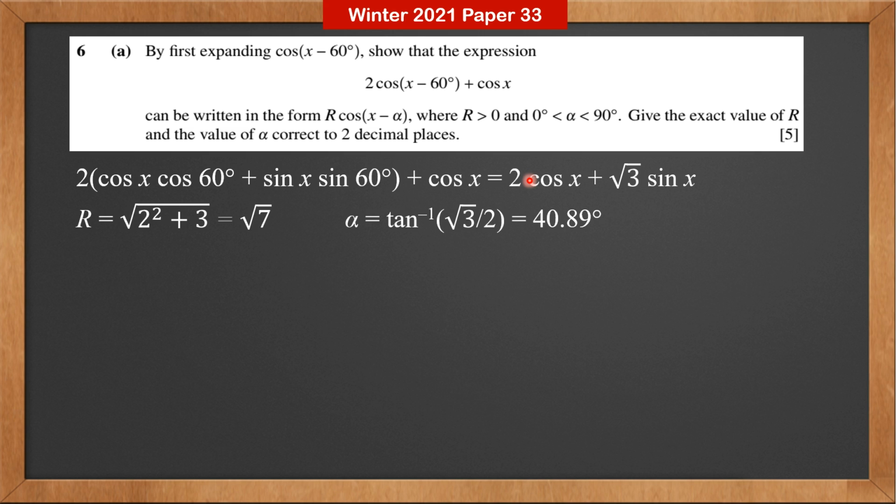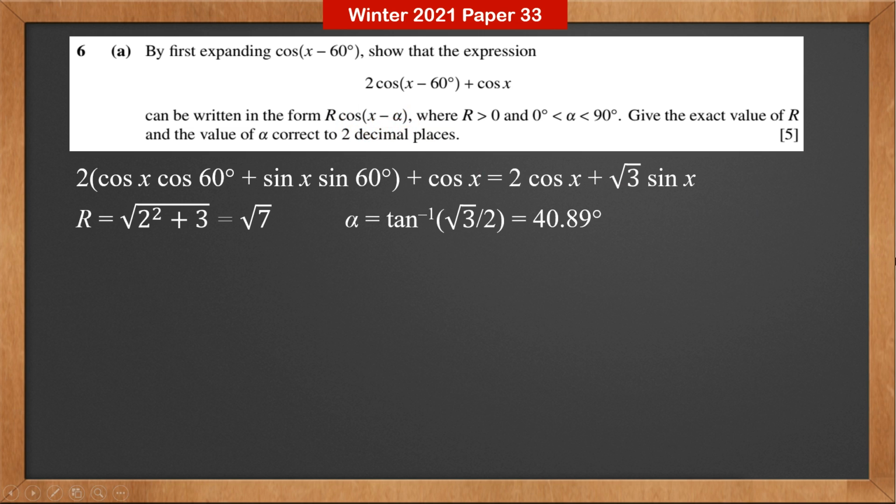If sine x is before cosine x, then we know it should be written into r sine(x + alpha), because sine(a + b) is sine a cosine b plus cosine a sine b. So it's important that you write cosine x in front of sine x in here, so that it can be written in the form r cosine(x - alpha).